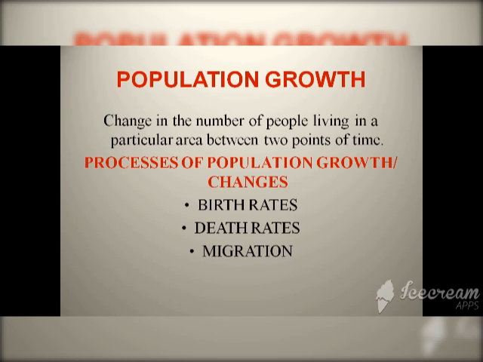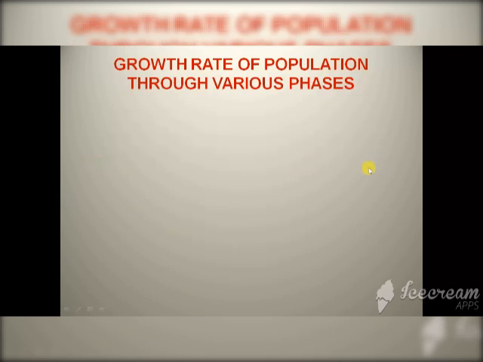We will be discussing birth rates, death rates, and migration more clearly in the world chapter, because here we are reading about them just as terms, but they will be discussed elaborately in your world chapter. So this is population growth.